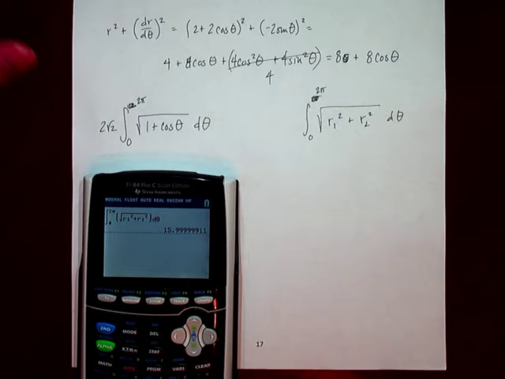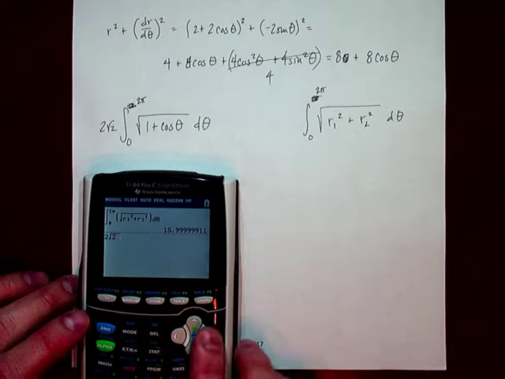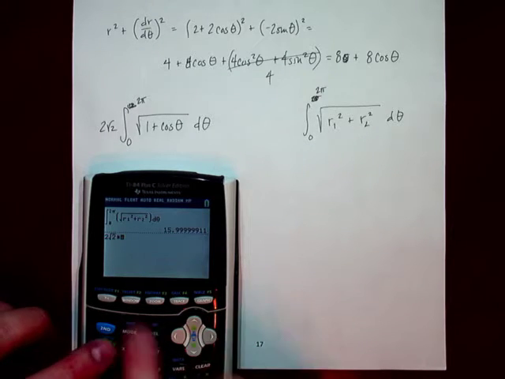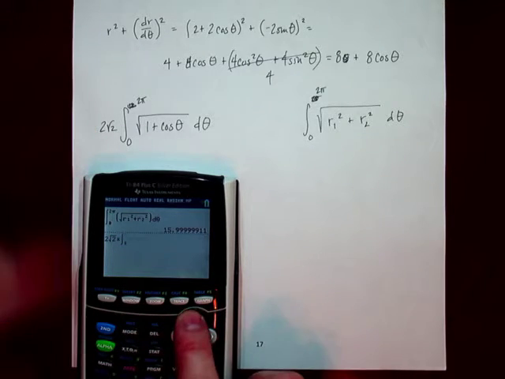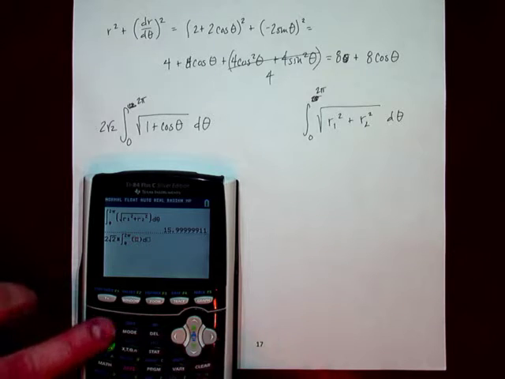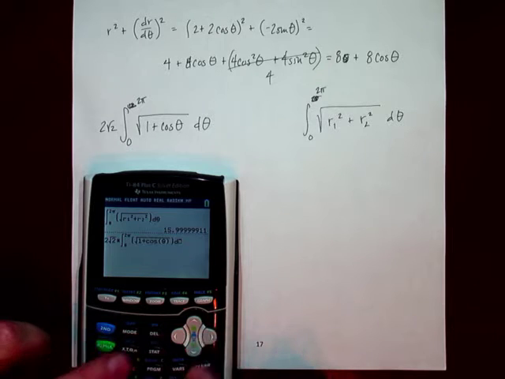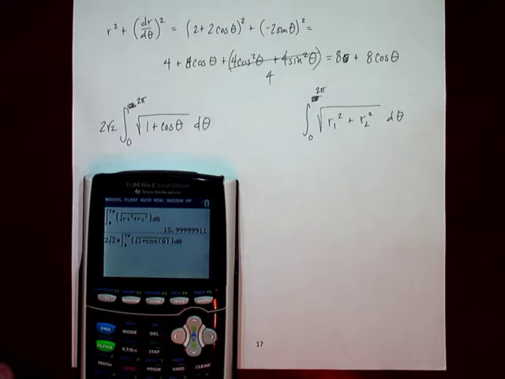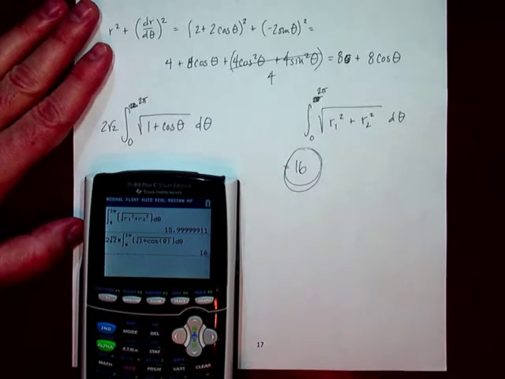Remember that the calculator runs this through an algorithm, and that accounts for the fact that it is not a pure 16, which it actually winds up being. If you want to do it this way, I also want to confirm that those are the same value: 2 root 2 times the integral of the square root of 1 plus cosine theta d theta, and voila. Because of the imperfection of the algorithm, that's close enough to confirm that this arc length is 16.